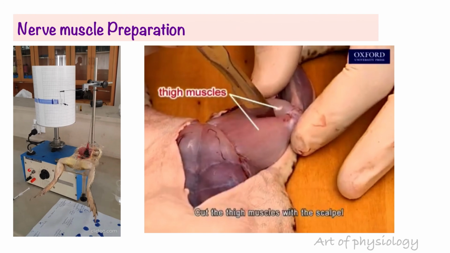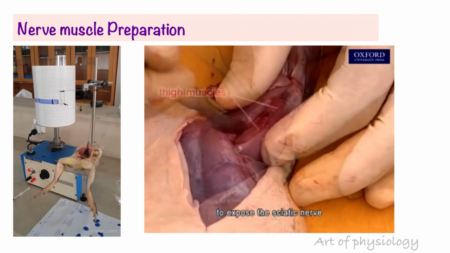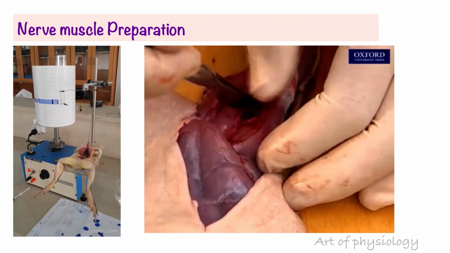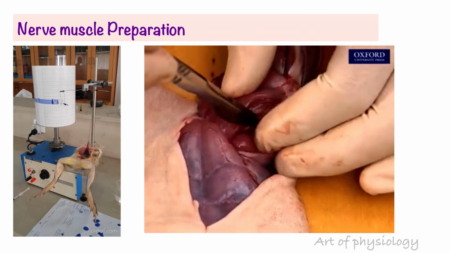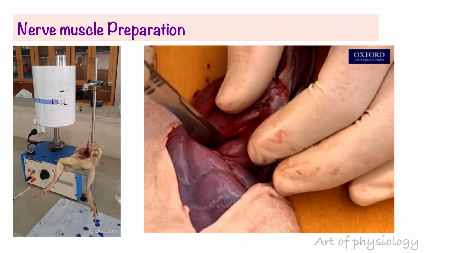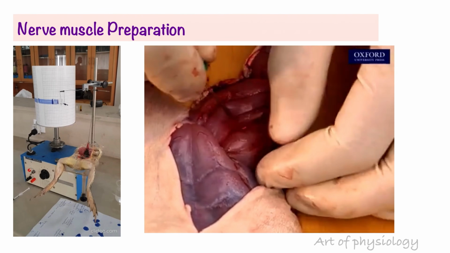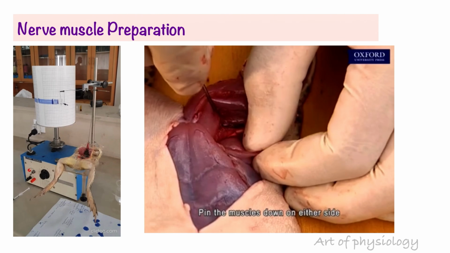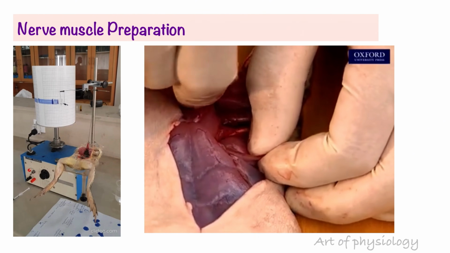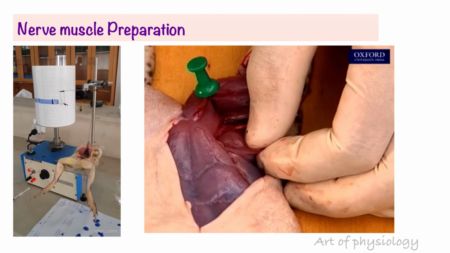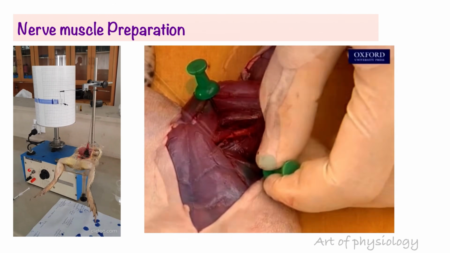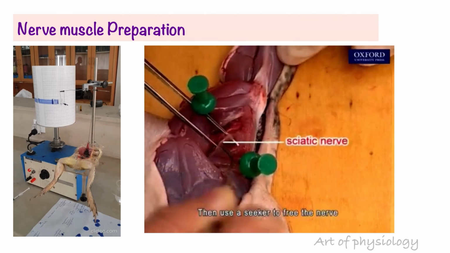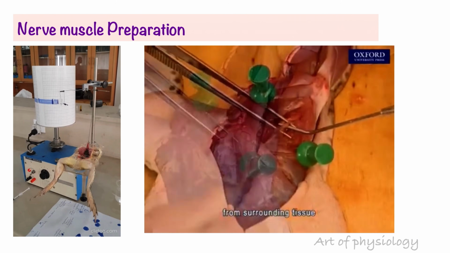Cut the thigh muscles with the scalpel to expose the sciatic nerve. Pin the muscles down on either side. Then, use a seeker to free the nerve from surrounding tissue.